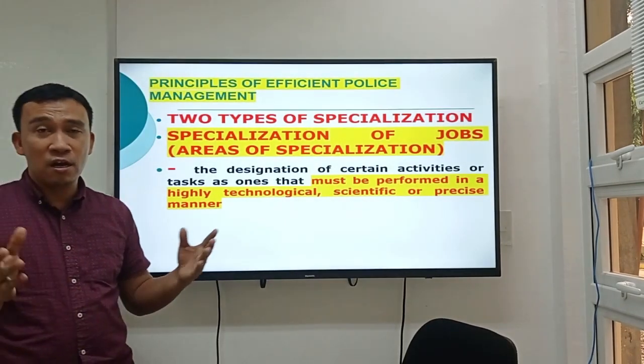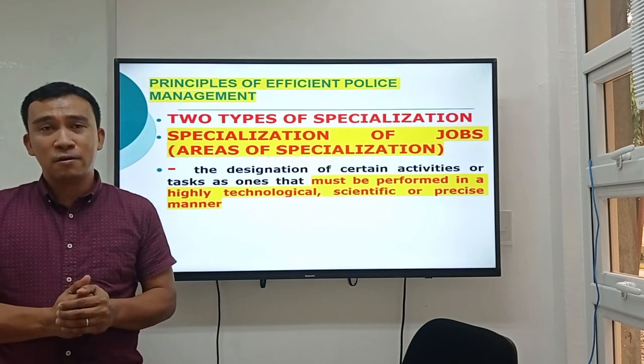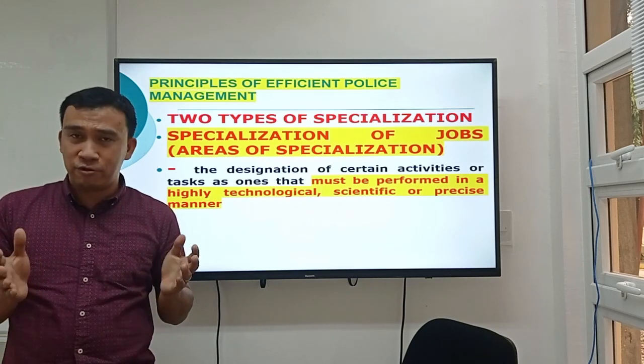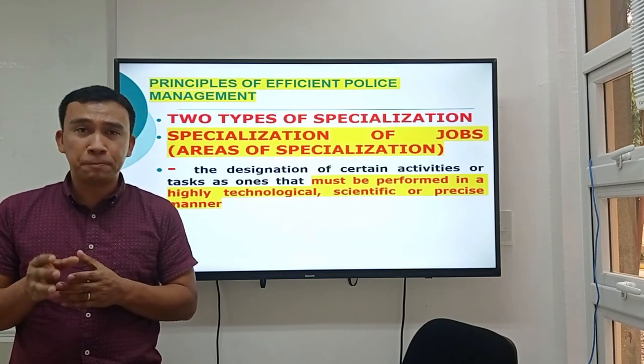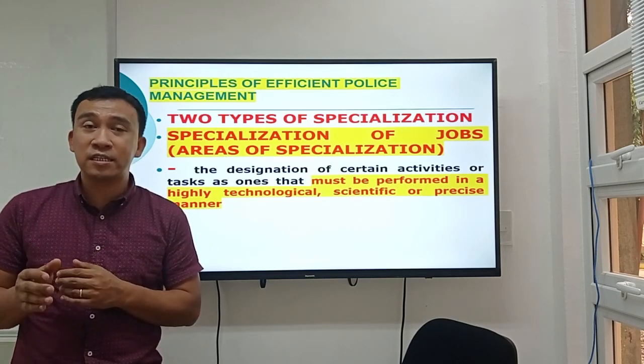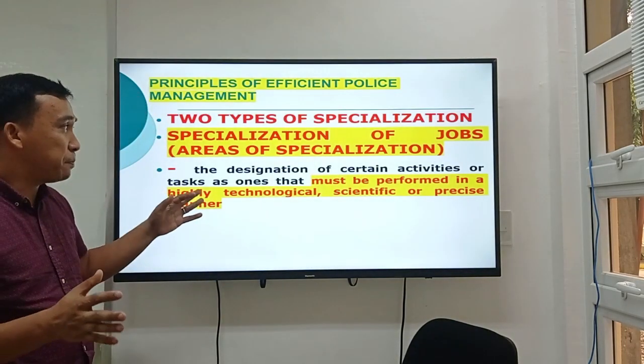Like, for example, crime laboratory, that is a specialized area wherein dapat ang nandoon is knowledgeable and expert concerning forensic sciences. Okay? So, yun yung mga specialized areas.